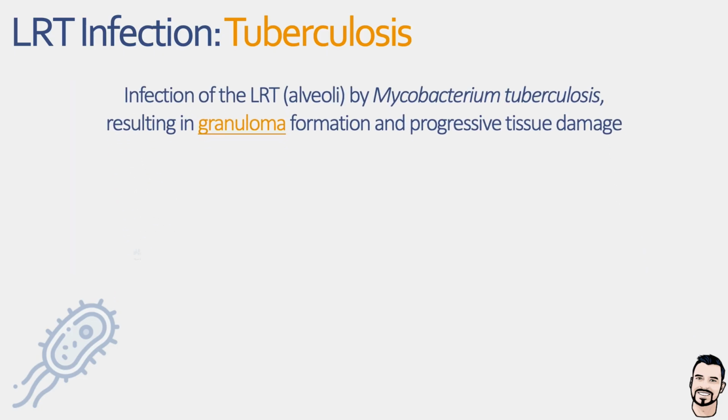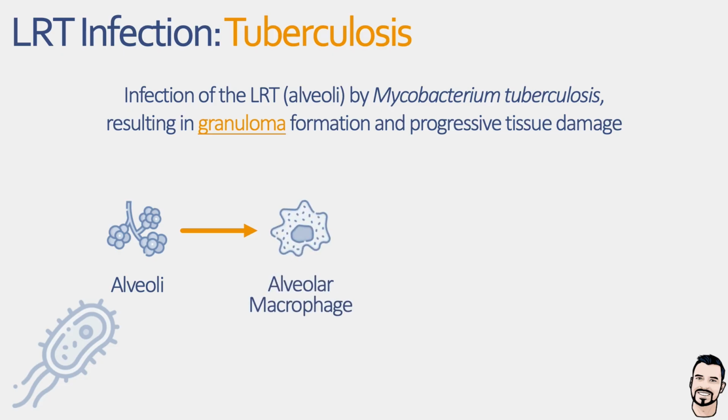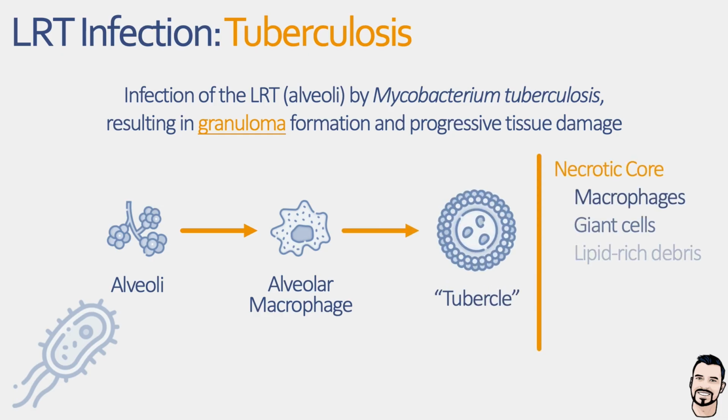Well, within the alveoli of the lungs, we have alveolar macrophages, and during tuberculosis, they phagocytose Mycobacterium tuberculosis cells. Now, they don't actually die. Their acid-fast cell wall allows them to grow and persist, triggering a local immune response which recruits various other immune cells. Over time, these immune cells organize into a structured lesion known as a tuberculosis granuloma, commonly referred to as a tubercle.